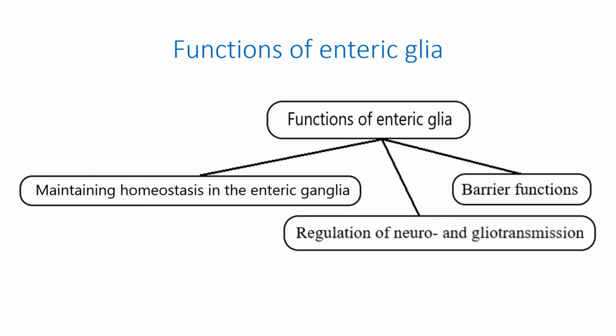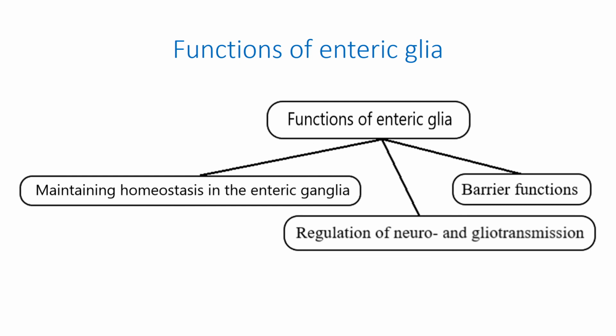Enteric glia sites modulate enteric neurotransmission, releasing neuroactive substances, which is called glia transmission. In particular, it was shown that an increase in the concentration of calcium ions in the intestinal wall initiates the release of ATP, which is a neurotransmitter and neuromodulator in the ENS.